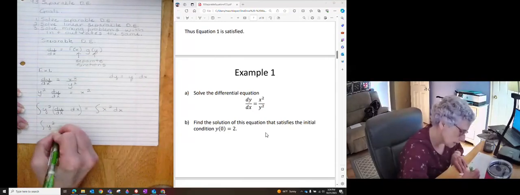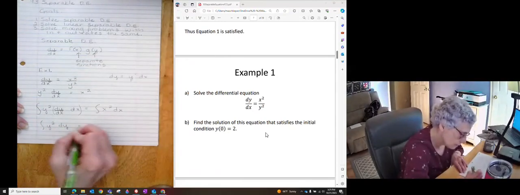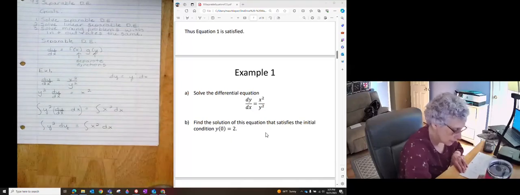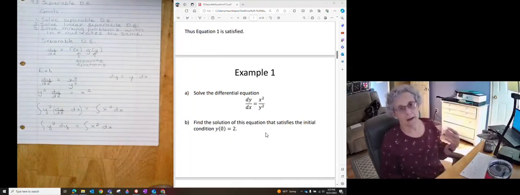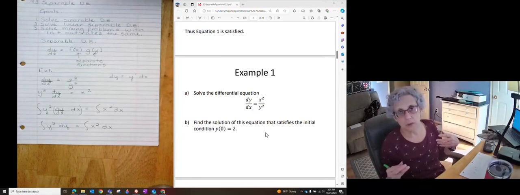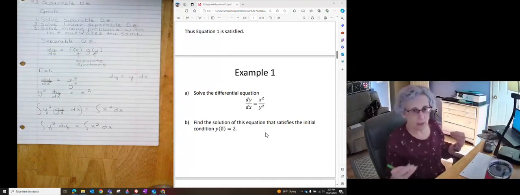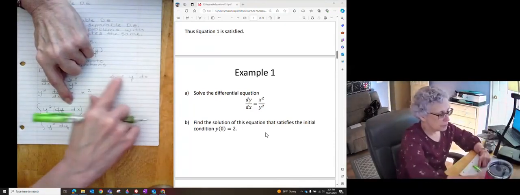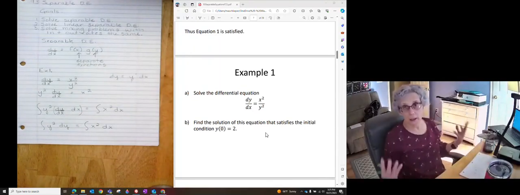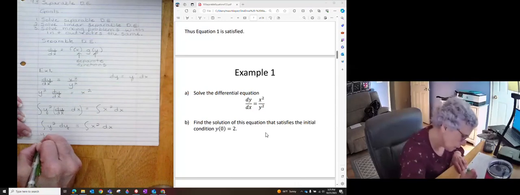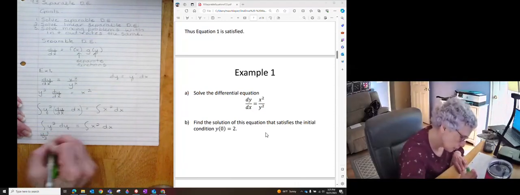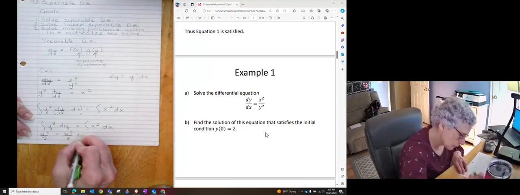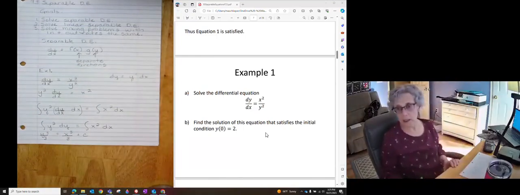So this is just the integral of y squared dy equals the integral of x squared dx. Now, I know it looks like we're just cross-multiplying, and you can treat it that way. But you know deep down in your heart you're using this to represent the differential of y. It works. So now y cubed over 3 is equal to x cubed over 3 plus a constant.